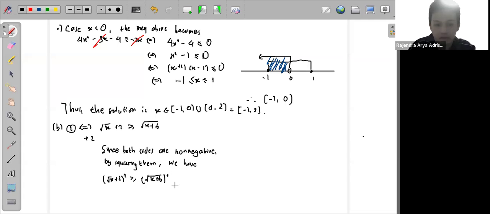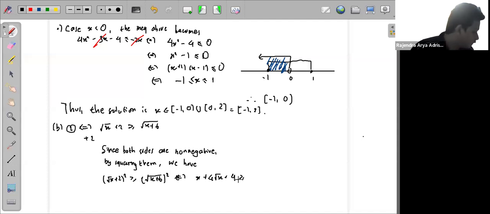Now the left one here, squared, gives us just x. Square root of x times 2 will give us 4 square root of x. 2 squared is 4. The right side is just x plus 6, because the square root being squared just makes it cancel out.